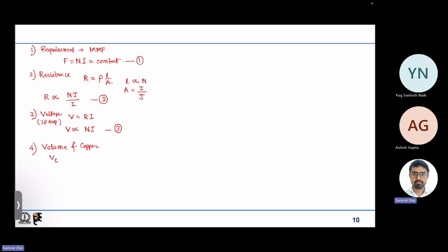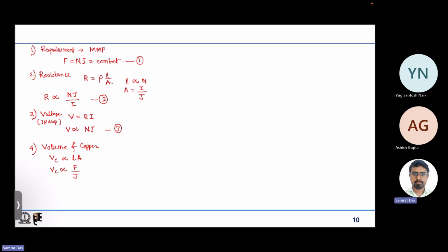The volume of copper is nothing but the length of the copper wire times the cross sectional area of the copper wire. So it is proportional to length multiplied by cross sectional area. If the previously derived things are used, like L is proportional to N and A is basically I by J, then finally we get Vc, the volume of copper that we require, becomes proportional to F by J.